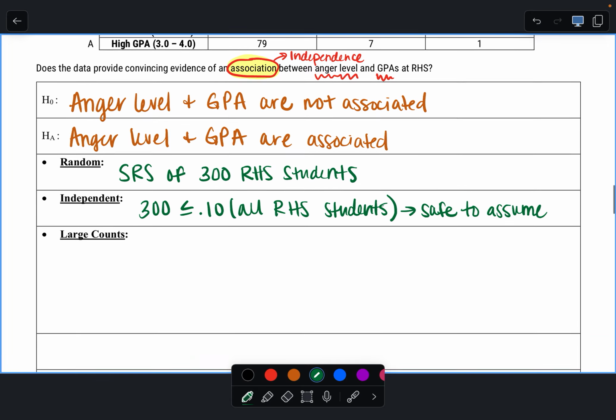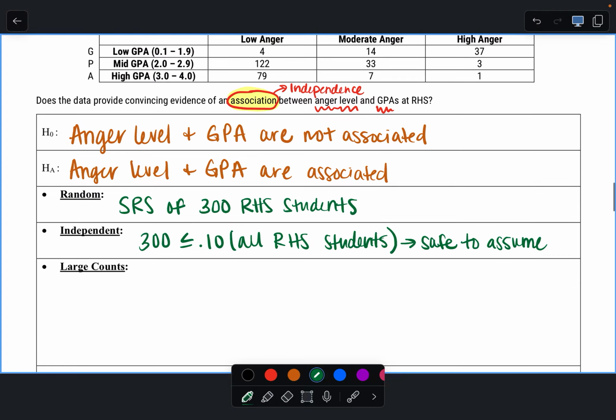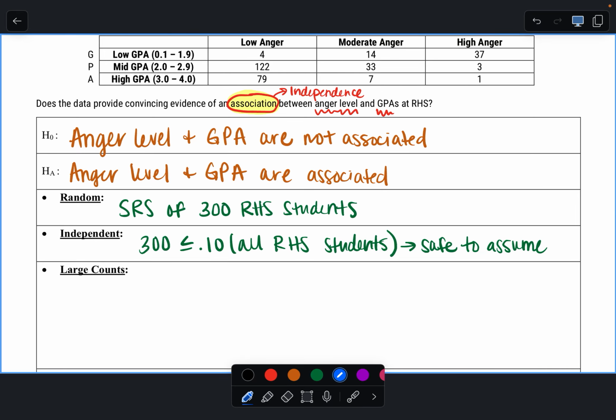Now, for the third condition, that's where I do a little backwards thinking, because I don't want to have to calculate all of the expected values. Remember, from your two-way table, not including any rows that were totals, which we don't have any here, this is our observed data. So this 3x3 matrix is what I will be typing into my calculator. Now, I have to find expected values for every single one of these cells.